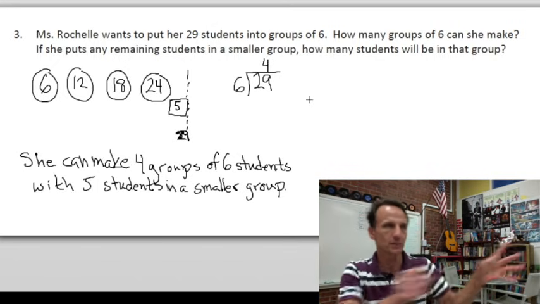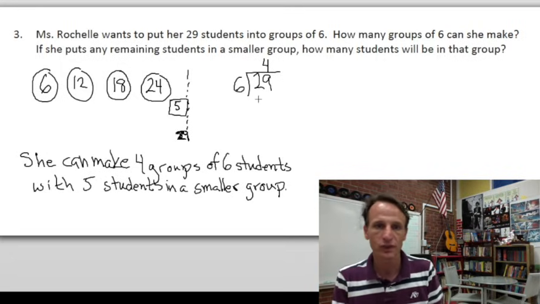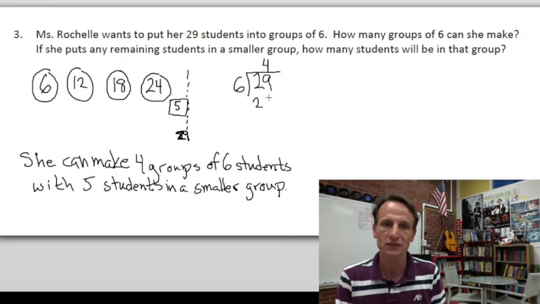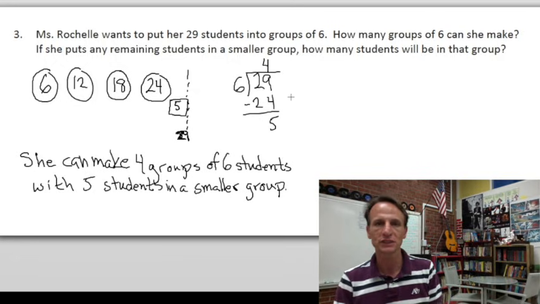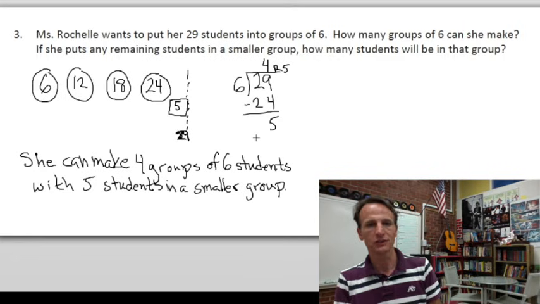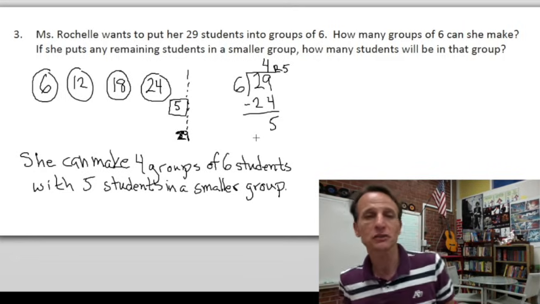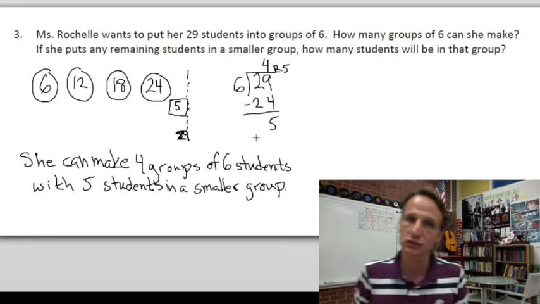And when we divvy up those kids and we put them in the 4 corners of the room, say, we've divvied up 24 students, and that's why I'm subtracting it. And that leaves these 5 homely, lonely children who are a remainder to be in a smaller group. So this is what the division would look like. Hey, let's go on to number 4 and see what surprises are in store.